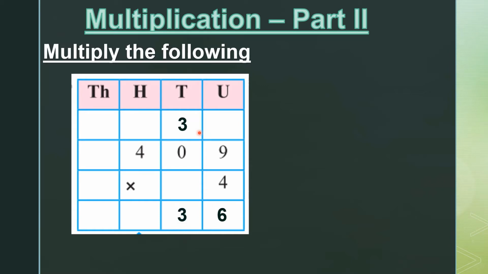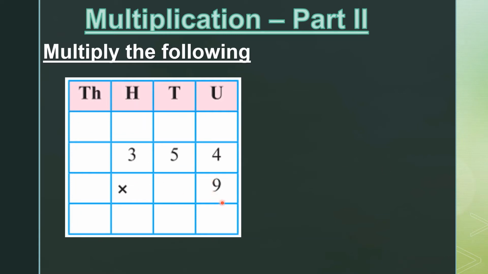So we write 3 in tens place. 4 4s are 16. Write 6 in hundreds place, 1 in thousands place. So 409 multiplied by 4 we get 1636.